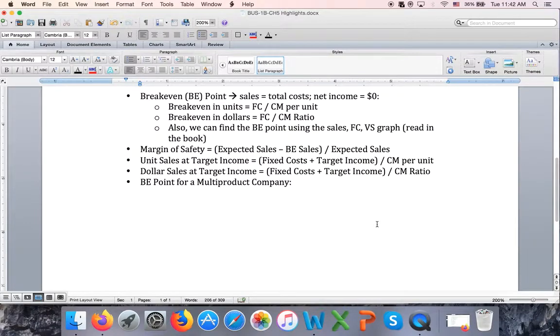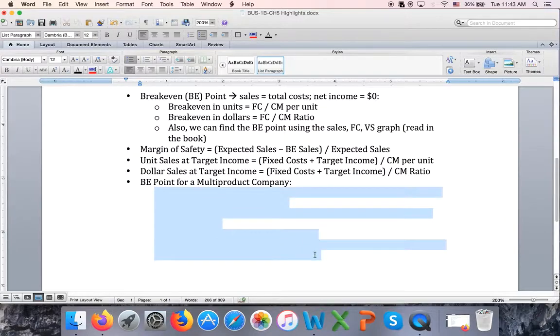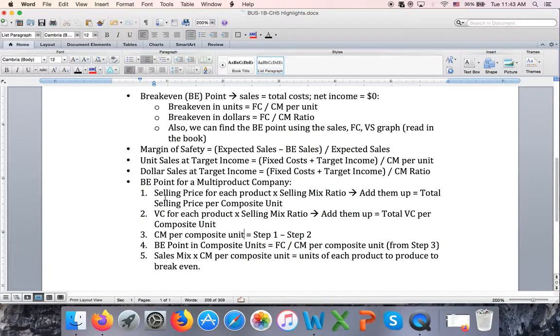The last concept in this chapter could get confusing. What if we produce more than one product? What if I have 2 products, 3 products? I have a multi-product company. I have a mix, right? Here are the steps to follow.